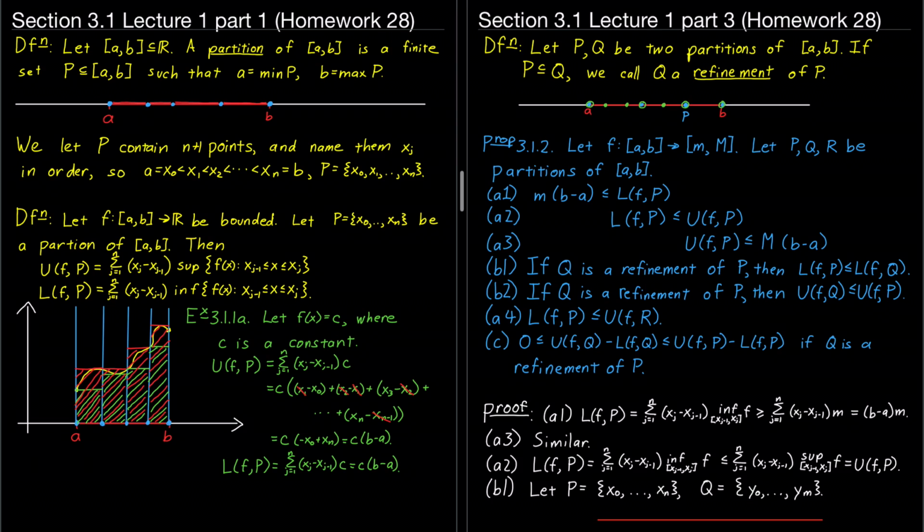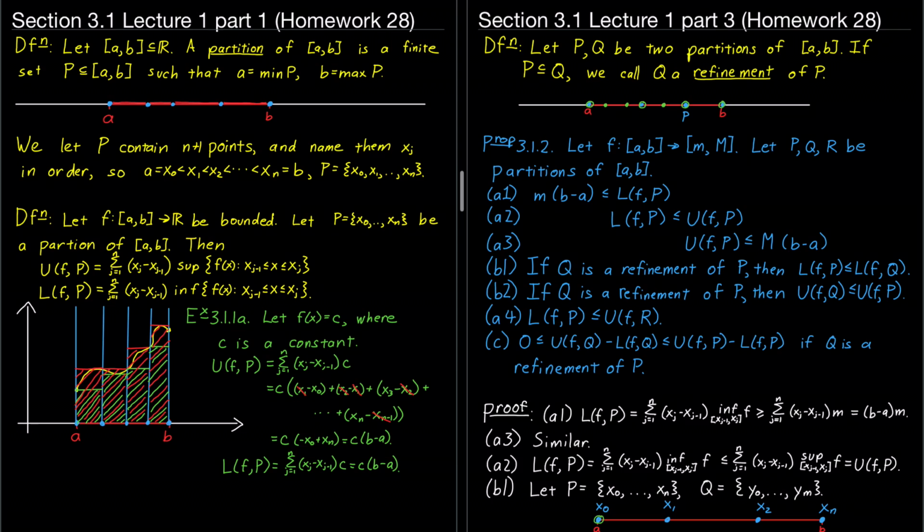So let's see, here is a, here is b, then we've got x naught, x1, x2, and so on, xn.